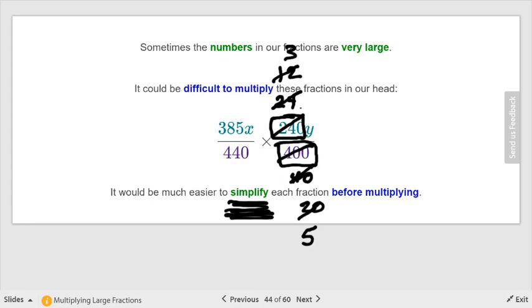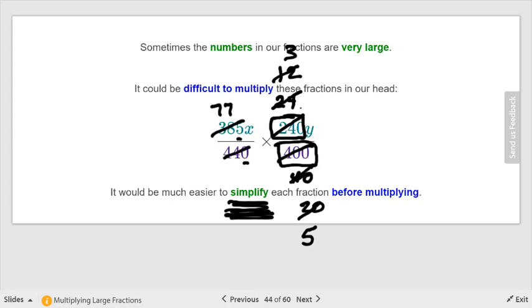So let's look at these two. This one ends in 5 and that one ends in 0, which I know means they'll both divide by 5, right? So 385 divided by 5. Anybody want to tell me what that is? Y'all got a calculator handy? Because I don't. 385 divided by 5 is 77. Okay.